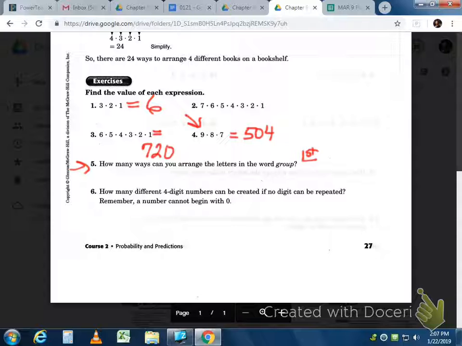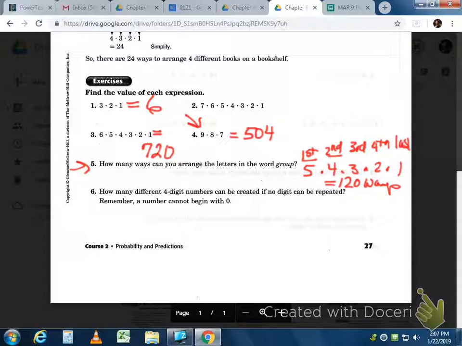For the first spot, you have 5 letters. What about the second spot? 4. And then the third, 3, the fourth, 2, and the last, 1. So 5 factorial, basically, and Caden said 120 ways.